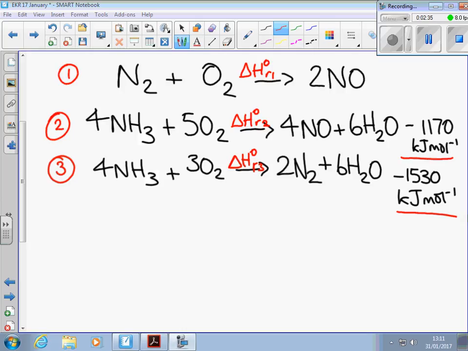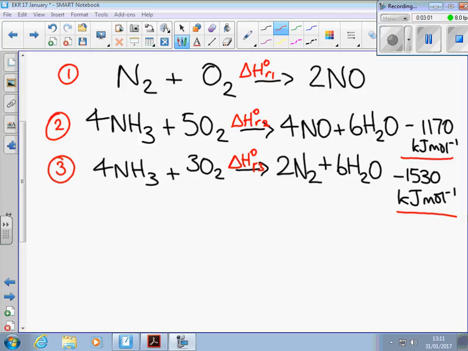Because we've halved number 2, we've got 2 NH3s on the left and 3 H2Os on the right. If we flip number 3, we're still having 6 H2Os and 4 NH3. So we're going to have to halve that one as well, so things will cancel out.